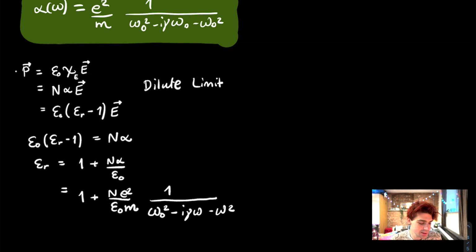But for now, we're just going to assume that there is only one omega naught, just for simplicity. More generally, you're going to find more than one resonant frequency. With that assumption, we're going to attempt to derive, as I said, the dispersion relationship, which is that of the driving frequency omega and the dielectric properties such as refractive index. And we're going to apply this for a bunch of different cases, and we've started out with the dilute limit.